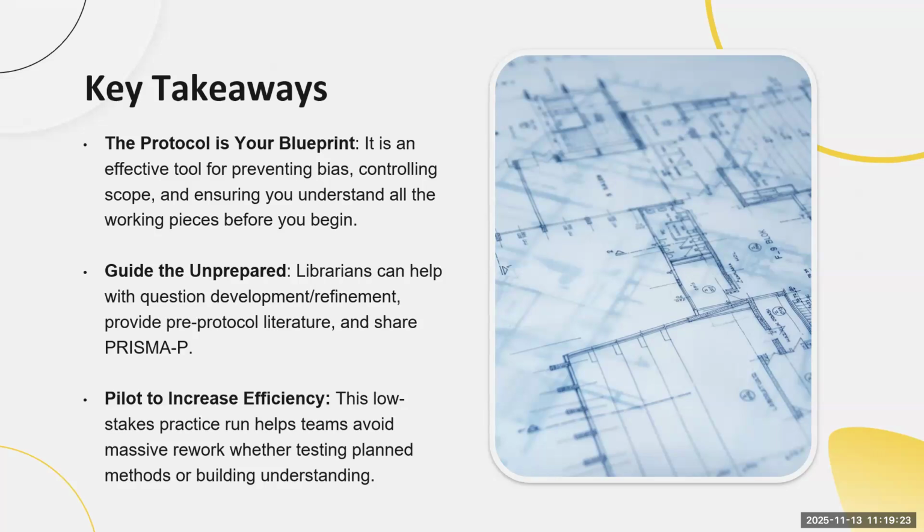For teams that are struggling to start, and I use the word unprepared here with all love, like this is not meant to be disparaging at all, use your expertise to help them clarify the question and provide initial literature they will need to define their scope clearly. And finally, piloting the methods on a small set of studies can help teams solidify criteria, their extraction template, and increase overall efficiency of the project.